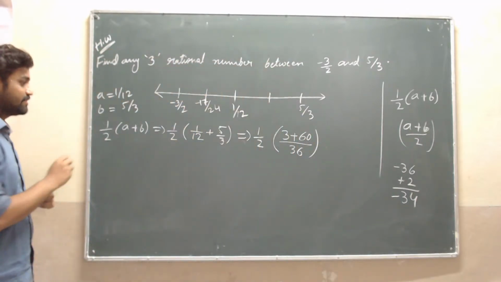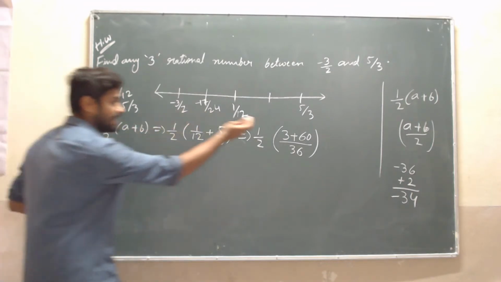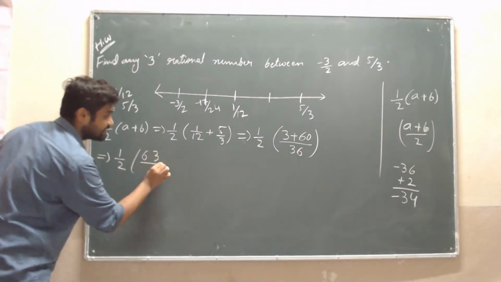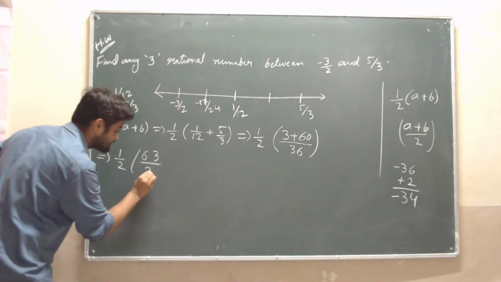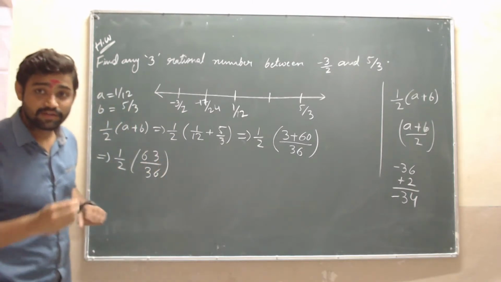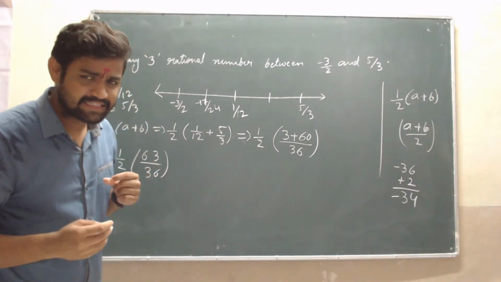Then again we have to solve: 1 by 2 as it is, and 60 plus 3, simple, we have 63 divided by 36, isn't it? Then what is the next step?